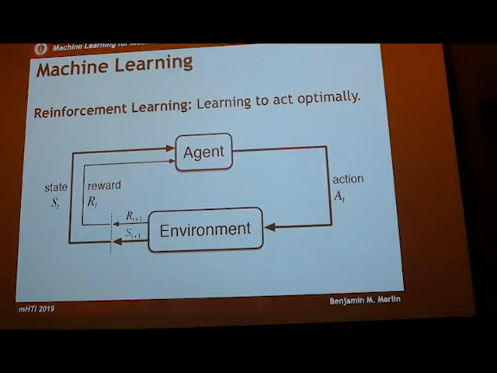You have a learner, an algorithm, it's often referred to as an agent. That agent gets to interact with an environment by taking different actions. It gets to observe the state of the environment, and based on what it does, it receives a reward signal. So something that tells it how well it's doing. Based on that reward, it can update how it actually acts in the environment.